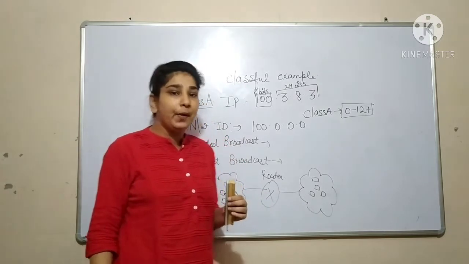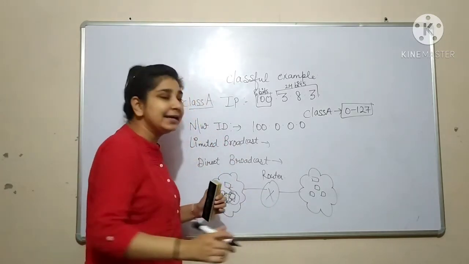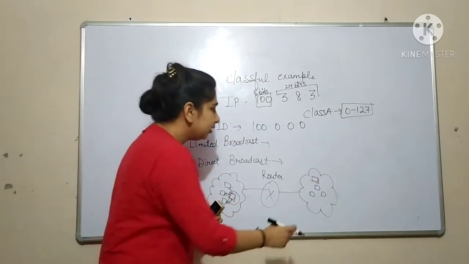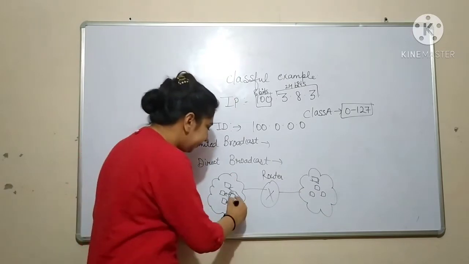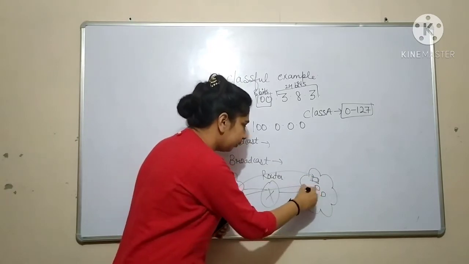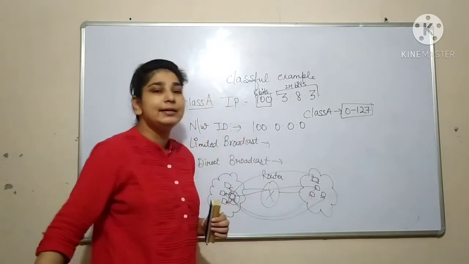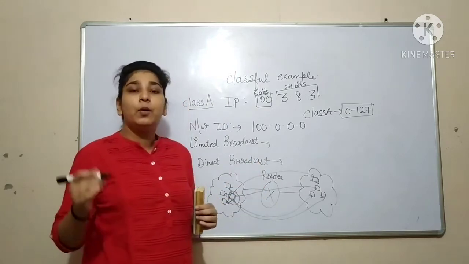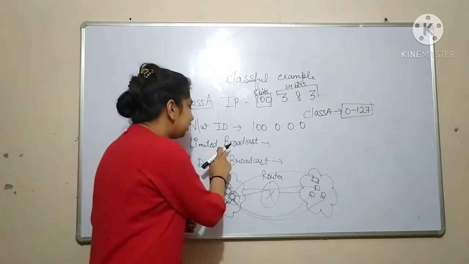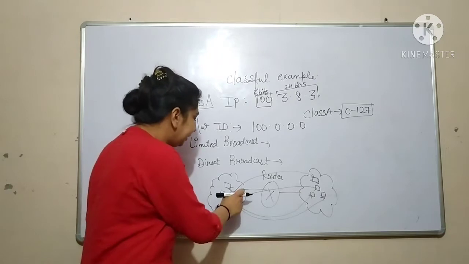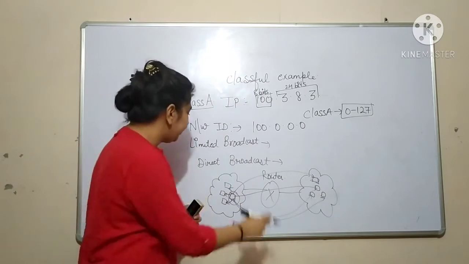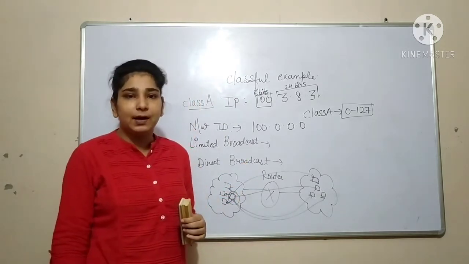And when one device wants to send a message to all the devices of a different network, that is your direct broadcast address. If a host wants to send a message to all the devices of the same network, that is called limited. If a device wants to send a message to all the devices of a different network, it is called the direct broadcast address.